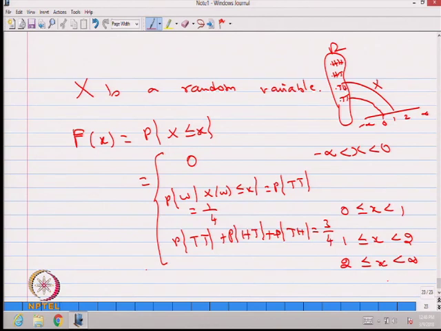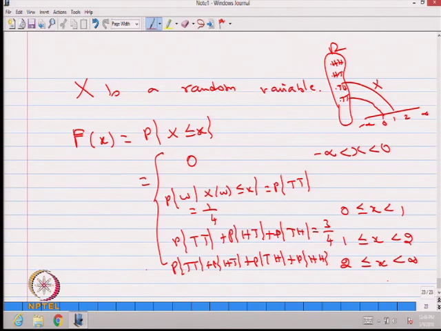When x lies between 2 to infinity, this is going to be probability of tail-tail plus probability of head-tail plus probability of tail-head plus probability of head-head, because that gives the value 2.